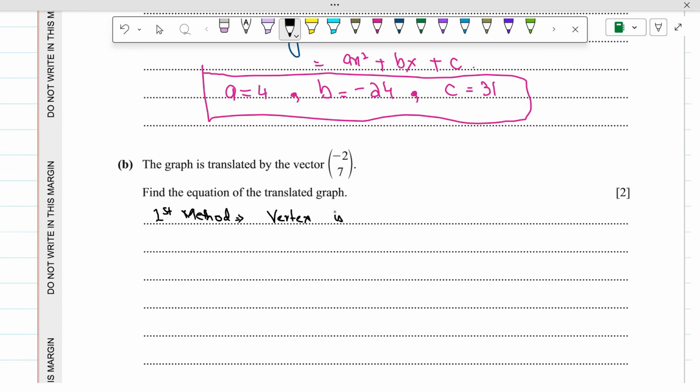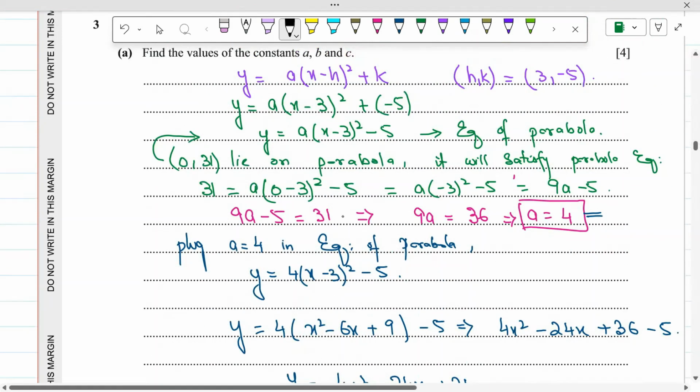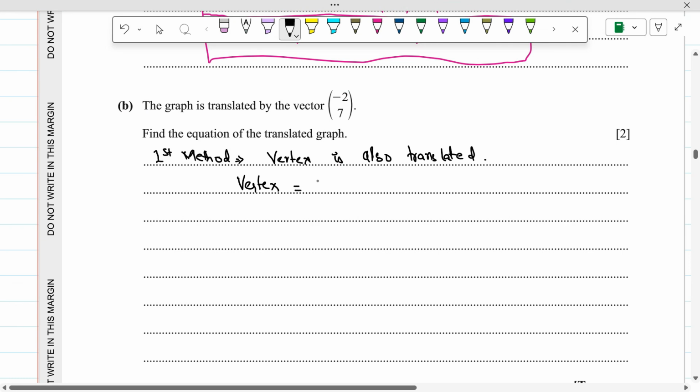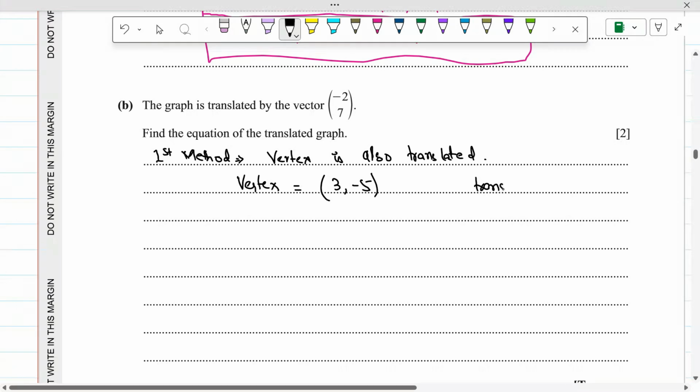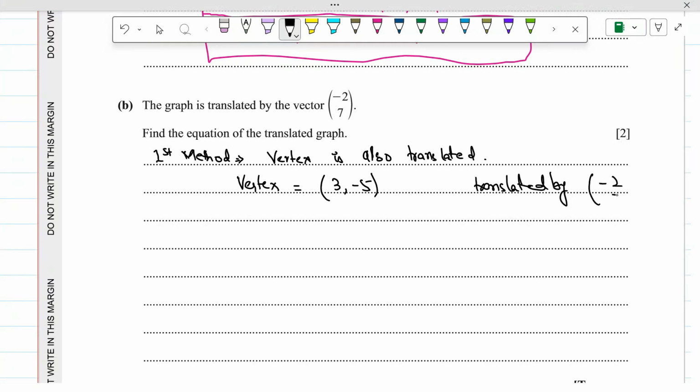The vertex is also translated. For example, the vertex was (h, k), which is (3, -5), and it has been translated by (-2, 7).